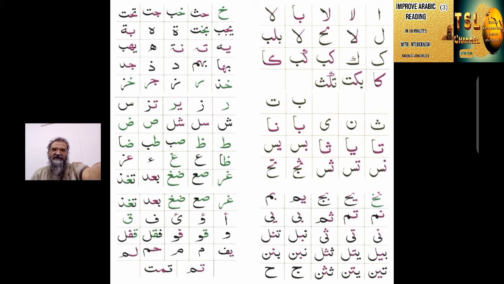Ain za, because the dot is above the ra. So if a dot is there, ra will be read za. Ain without dot. Okay. And now here the dot is above the ain, so now it is ghain. And ra without dot, so now it is ra. Ghain ra. Sad ain.